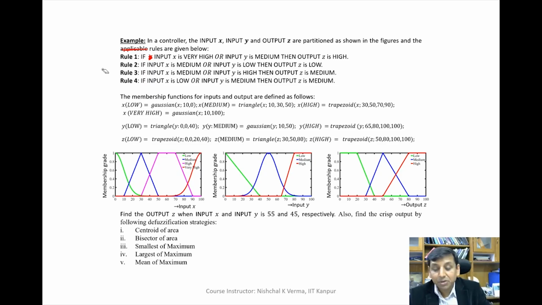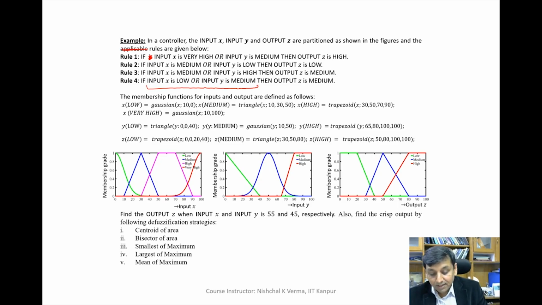If we look at the premise part of each rule, we have two inputs, X and Y. So that's why we can say that we have two antecedents, X and Y. X is low and Y is medium, for example, in rule number 4. So we have two antecedents, and we have four fuzzy rules. So we can say this is a class of multiple antecedents and multiple rules.